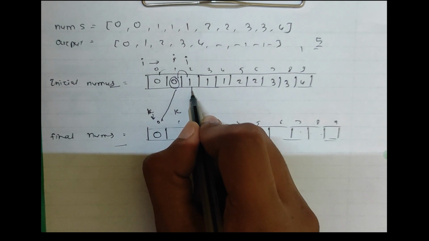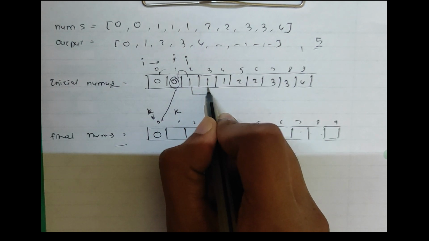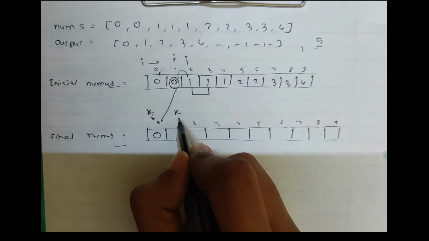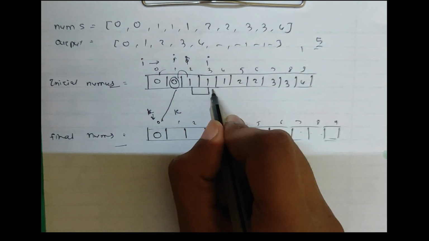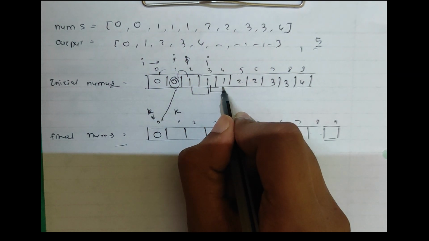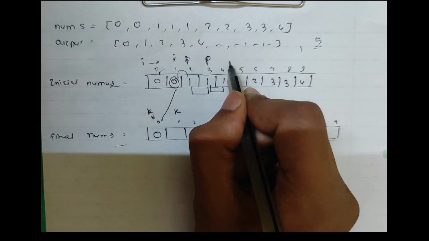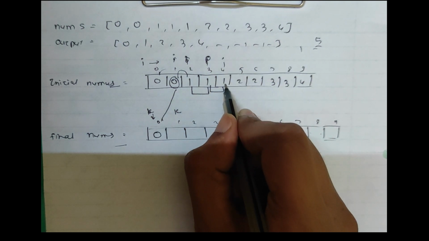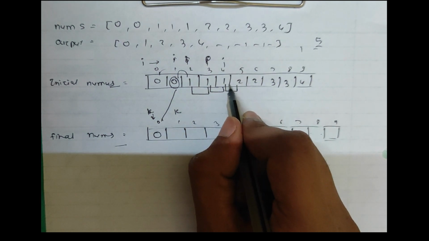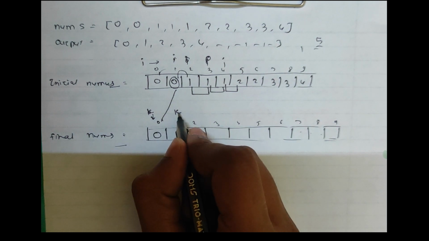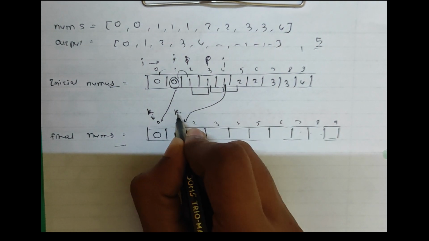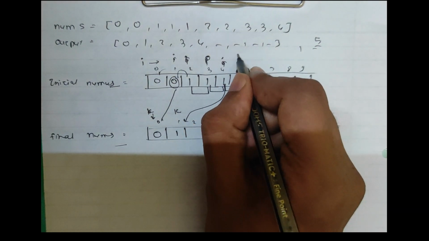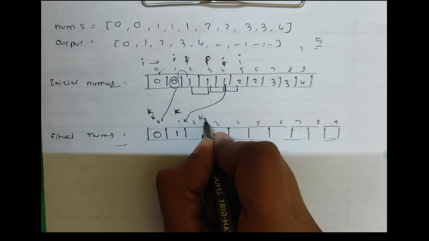Here nums of I and nums of I plus 1 are the same, so we will not increment k but increment I. Here nums of I and nums of I plus 1 are the same, so increment just the I pointer. Here nums of I and nums of I plus 1 are not the same, so in k we will put this value, meaning nums of I, and I is incremented and k is also incremented.